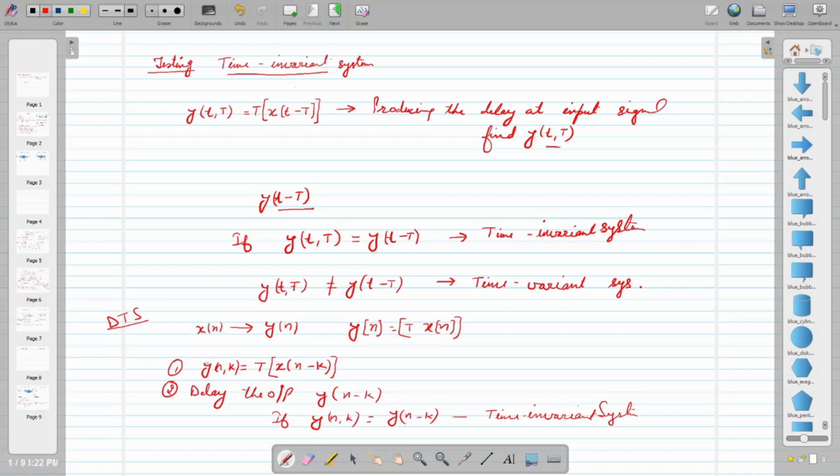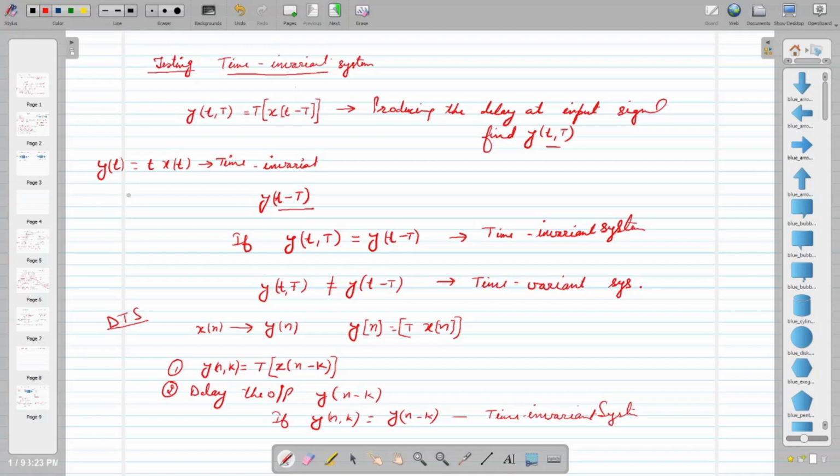We have certain examples. If I represent a system by y(t) = t x(t), these kinds of systems have the time invariant property. We will prove it in the next session.